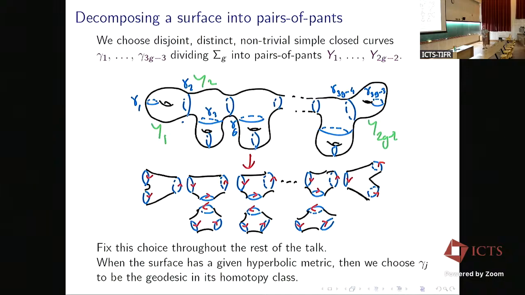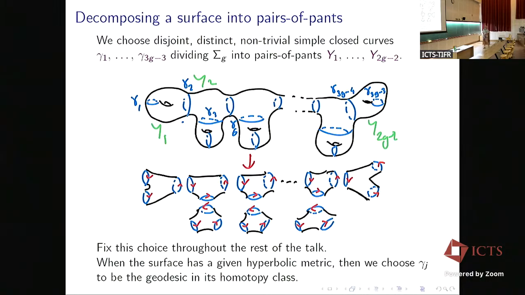But we're going to fix once and for all a way of decomposing my surface into pairs of pants, and that means there are going to be 2g minus 2 of them, separated by 3g minus 3 curves, and you can do a little Euler characteristic calculation to check that's the correct number.